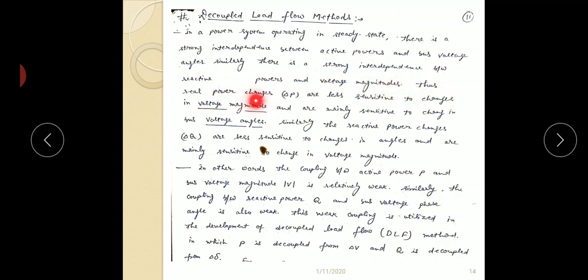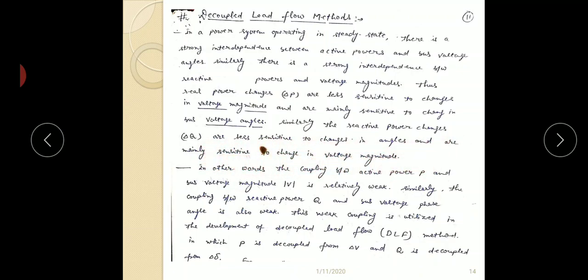Thus, real power changes delta P are less sensitive to changes in voltage magnitude and are mainly sensitive to change in bus voltage angles. Similarly, the reactive power changes delta Q are less sensitive to changes in angles and are mainly sensitive to change in voltage magnitude.